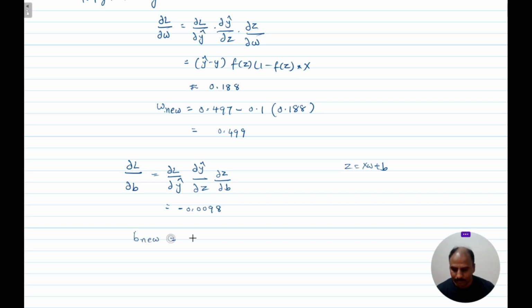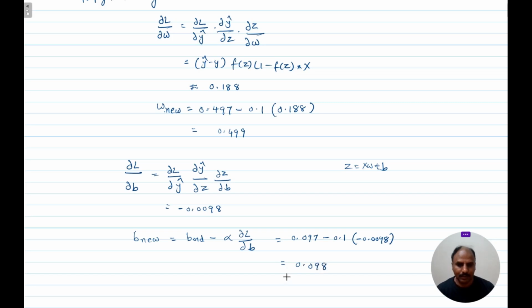So if I am substituting in the b new, b old minus alpha into ∂L/∂b. So what is b old? b old is 0.097 minus 0.1 times minus 0.0098. Okay, this will give you 0.098.